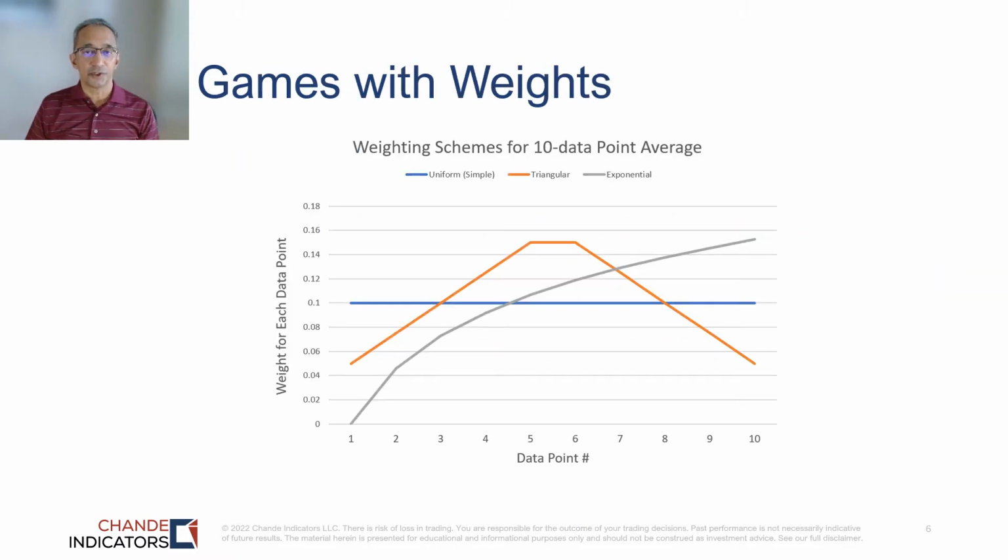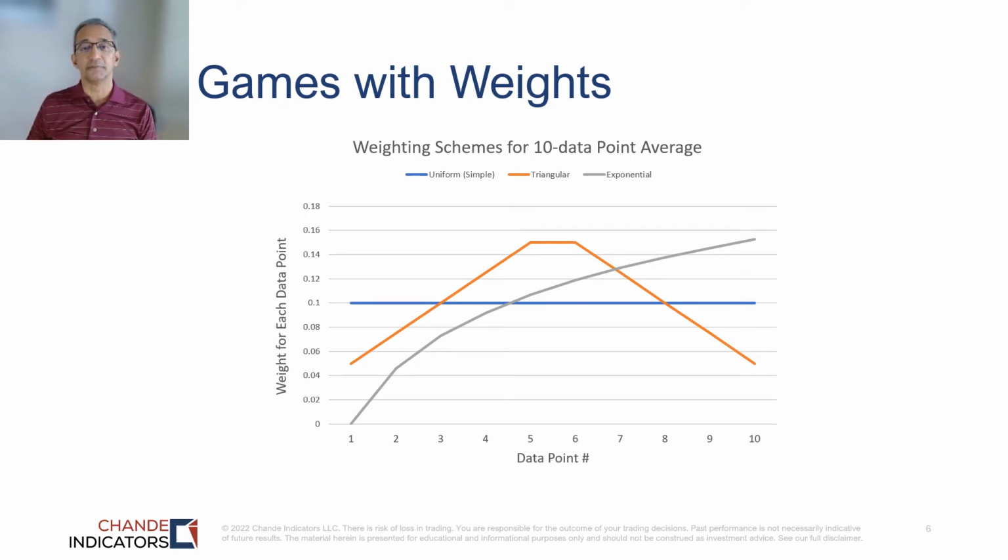So this chart shows you that we can construct all different types of moving averages by changing the weighting scheme. The horizontal axis is the 10 data points for a nominally 10 period moving average. The vertical axis is the weight assigned to each data point. The blue line going across at point 1 shows that each of the 10 data points has equal weight.